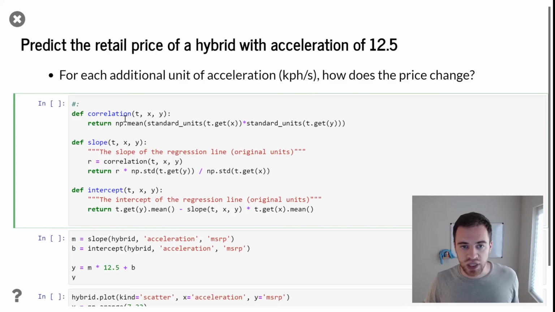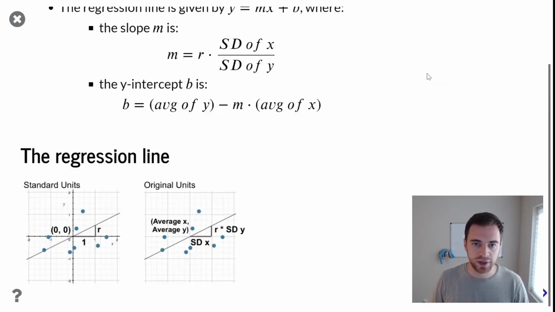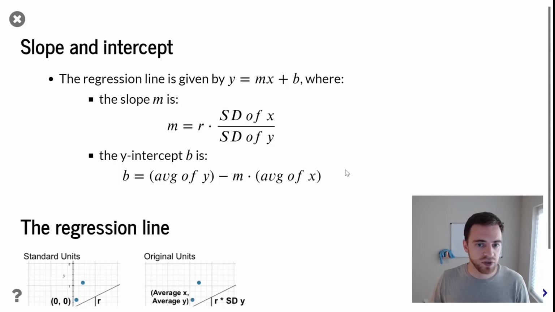I will write one to compute the correlation. I'm taking a table, a column named x, and a column named y. I convert x to standard units, y to standard units, and take the mean. That gives me the correlation. The slope I compute by this formula here. I'm not converting to standard units.